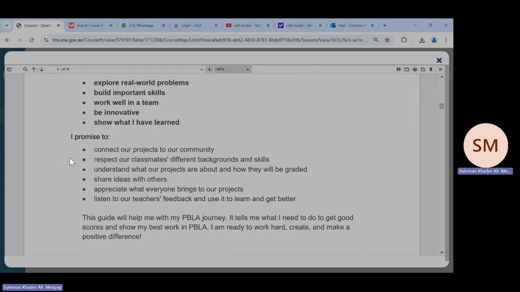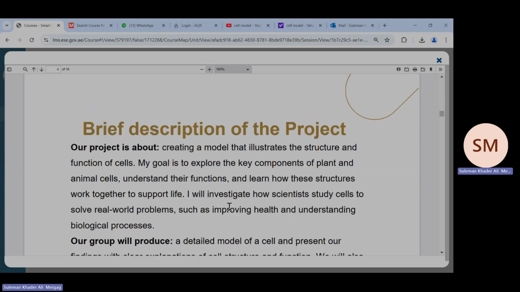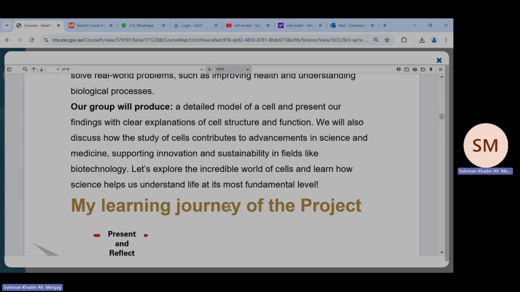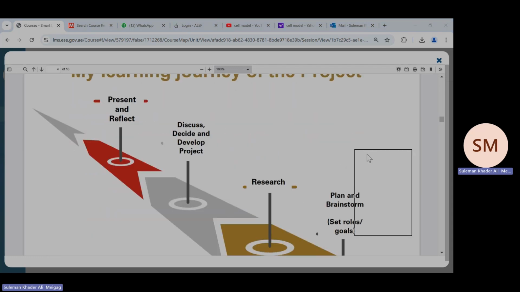So you need to make the following promise: connect your project to the community, respect your classmates, understand what the project is about and how it's graded, share ideas with your group and others, appreciate what everyone brings to the project, and listen to your teacher feedback and use it to learn and get better.